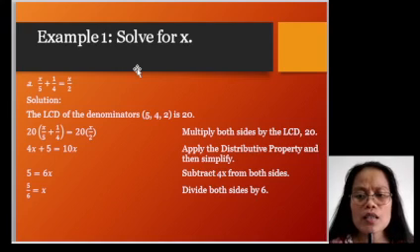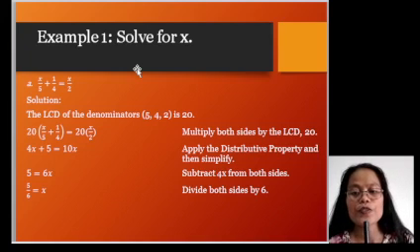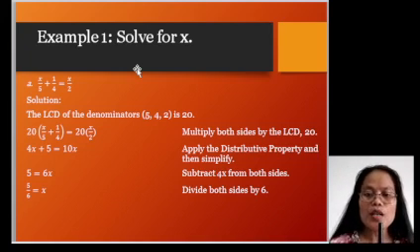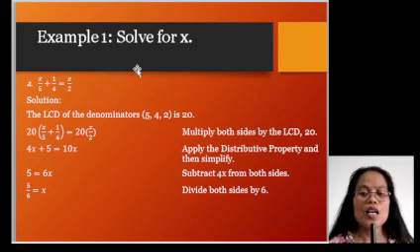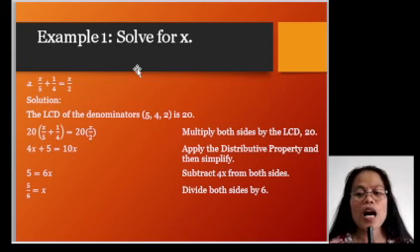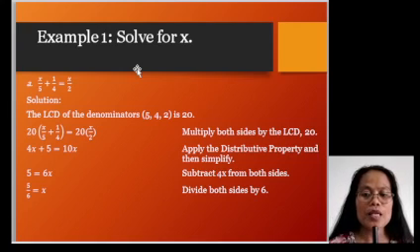Now, since the denominators are different, we have 5, 4, 2, so we will apply the rules of adding rational expressions with different denominators.